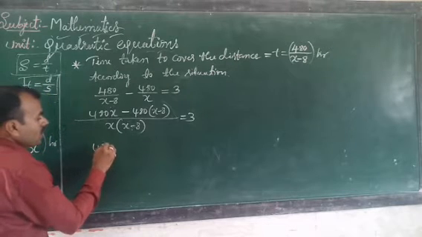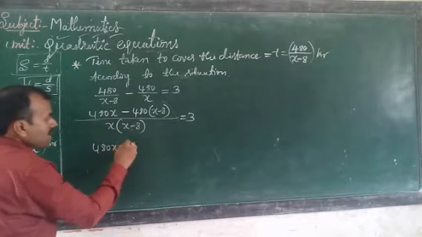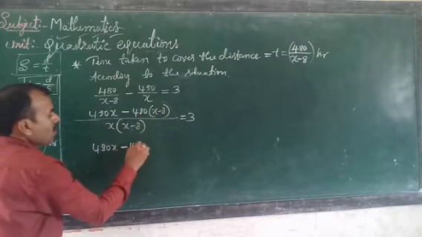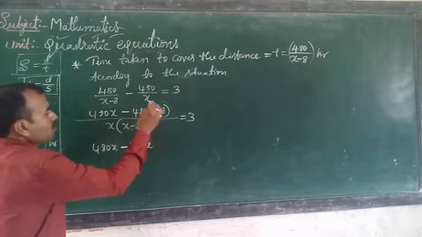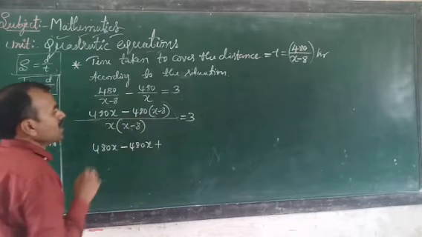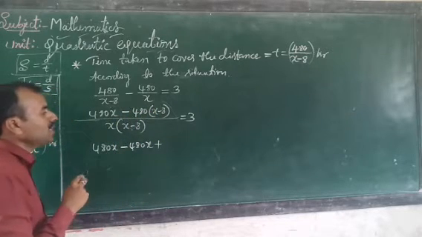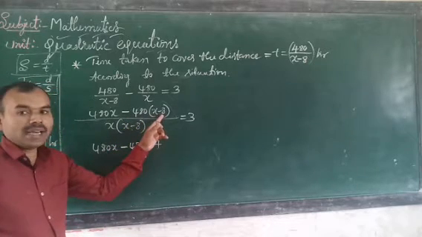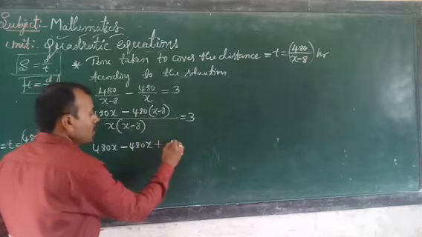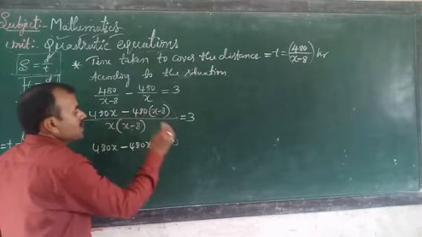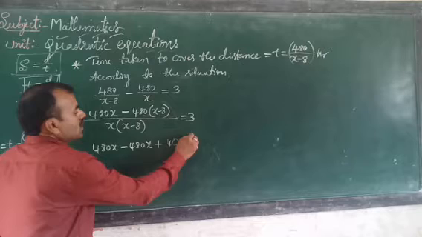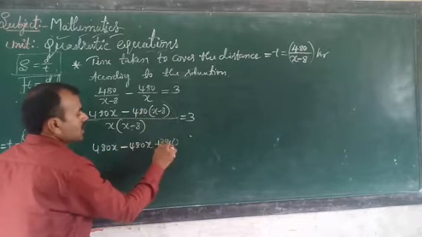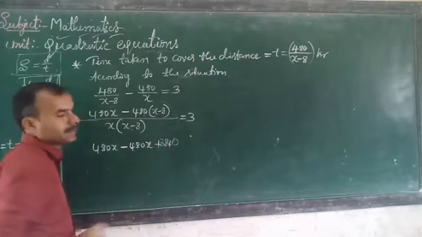Here, in the next step, 480x minus into plus minus 480 into x, 480x minus into minus plus. Just multiply 480 into 8. 8 into 0, 0. 8 8s are 64. 8 4s are 32 plus 6 is 38. 3840.